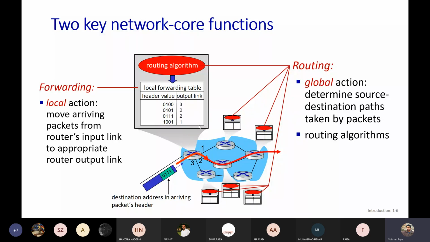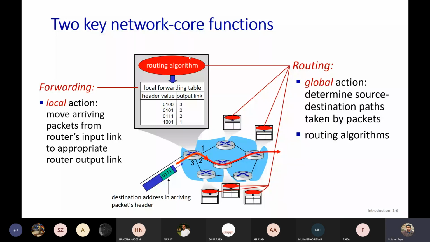Global action means that the question comes in: from where does this table come? No one asked me, from the router's perspective, where these tables come from. The answer to it is global action. So global action means there is a routing algorithm. Look at this routing algorithm.